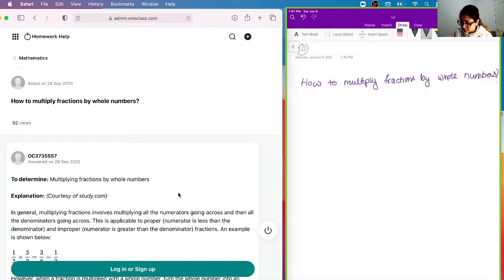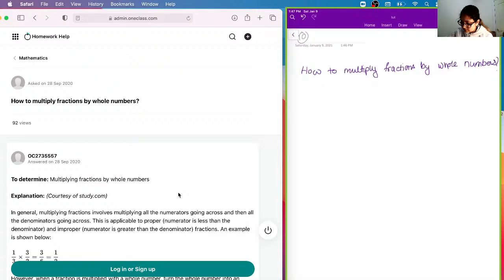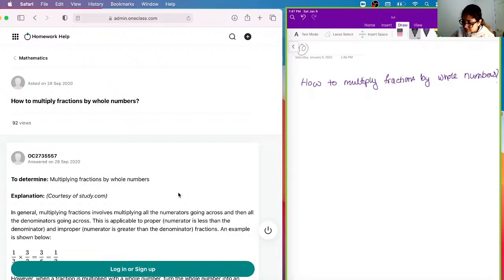For example, let's say we're multiplying fractions. This rule applies for proper and improper fractions.